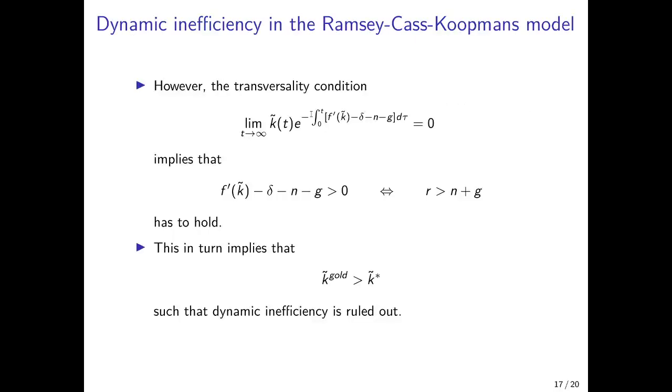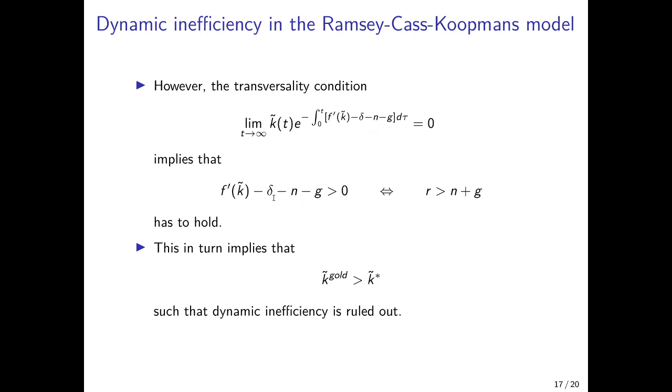However, in the Ramsey-Cass-Koopmans model, the transversality condition has to hold. So the product between the capital stock per unit of effective labor and effective discounting as time goes to infinity must be equal to 0. That means that this term in the exponent of e must be negative, because the capital stock increases and capital accumulates. Now we have a negative sign here, so the term in squared brackets must be positive.